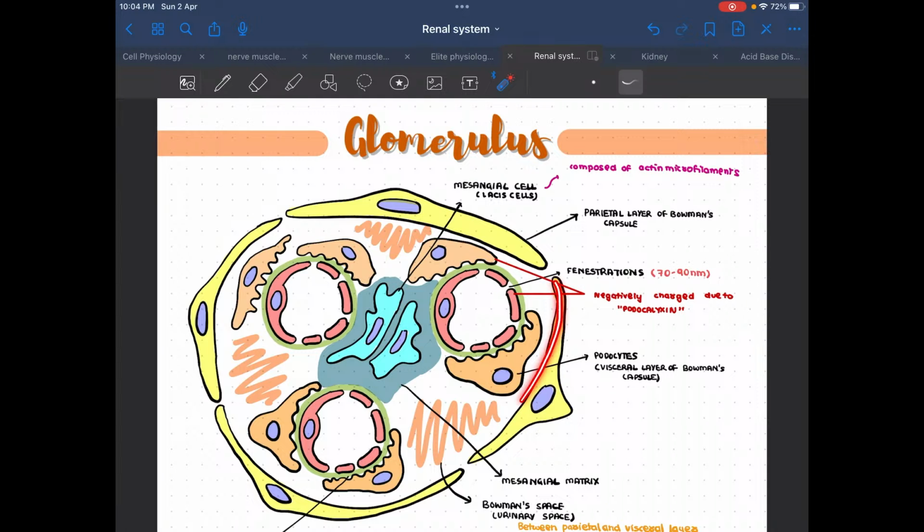The parietal epithelial cells are just about right here, and these are the visceral epithelial cells which extend foot processes, known as podocytes, into the glomerular capillary, and they make a junction over there, right? We have the mesangial cells. We'll be discussing the mesangial cells in great detail, how we can have different types of mesangial cells.